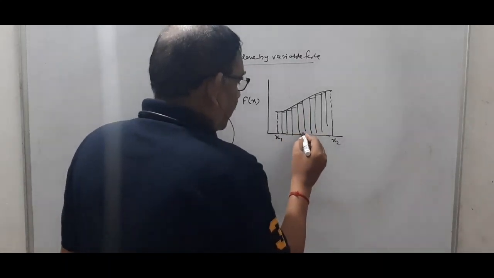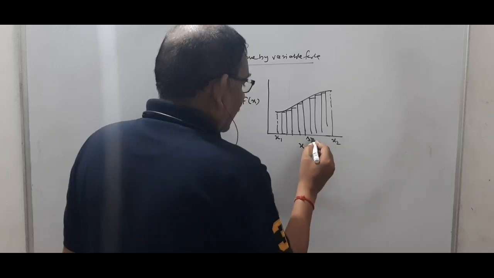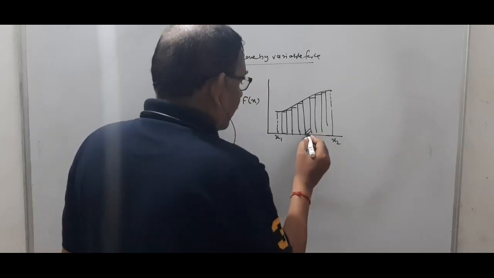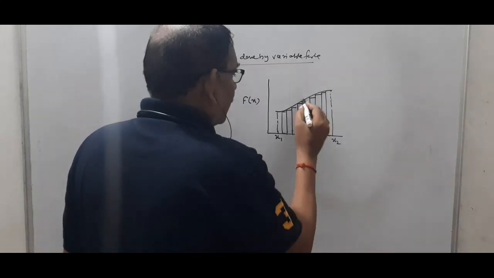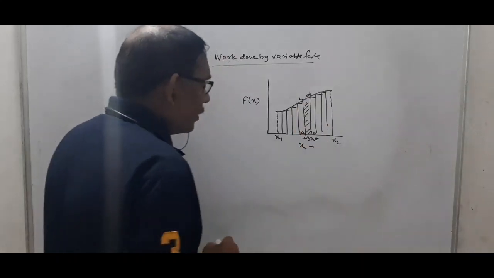Consider such a strip of width delta x. Clear? It is your A, B, C and D.